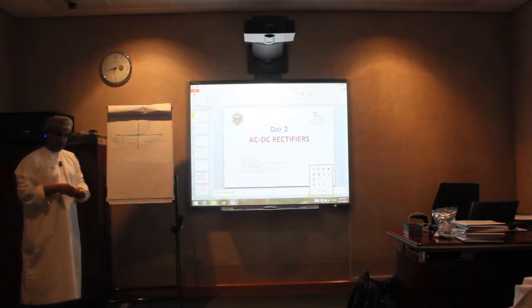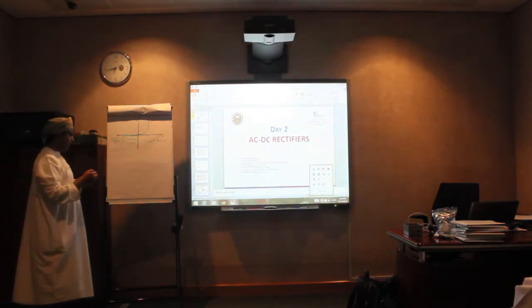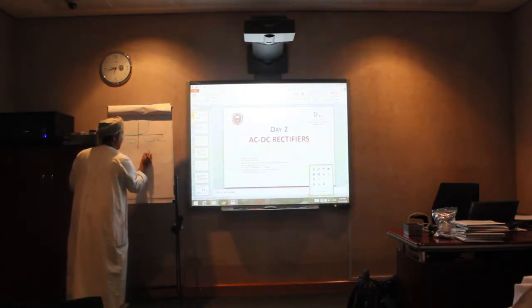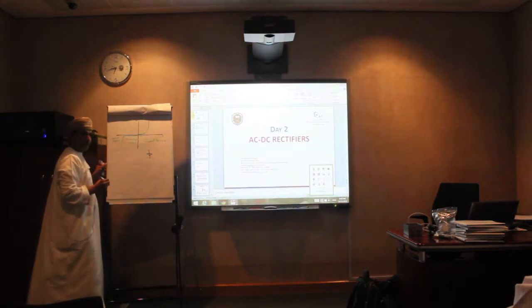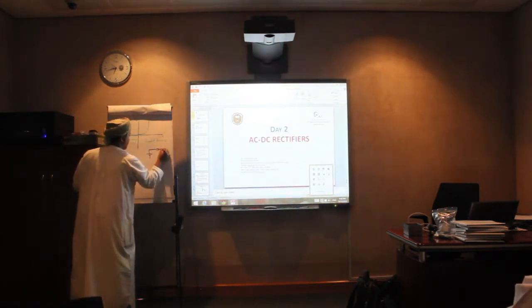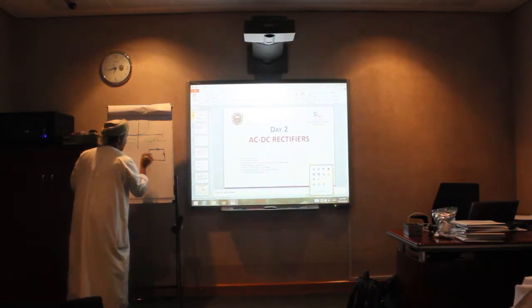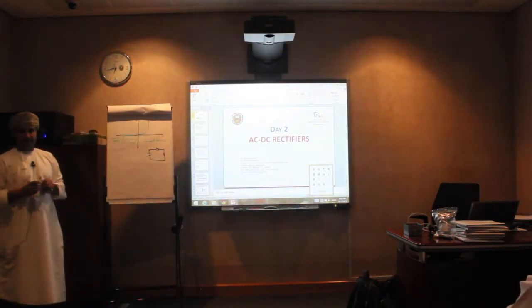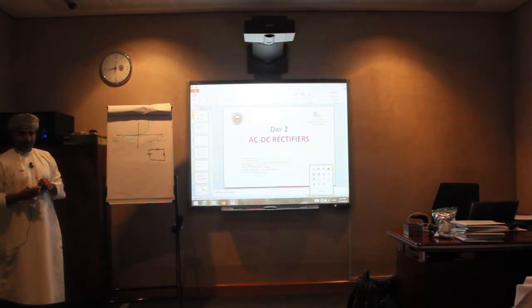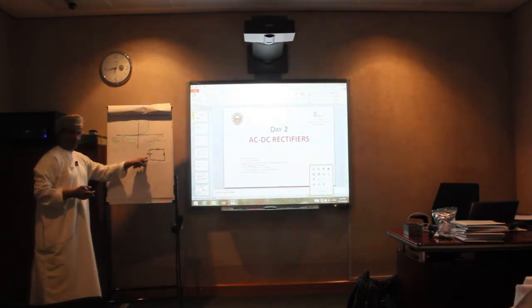So let me assume, for the first time, I give you a circuit like this: a DC source connected to a diode like this one and to a resistance like this one. This is the DC, right?